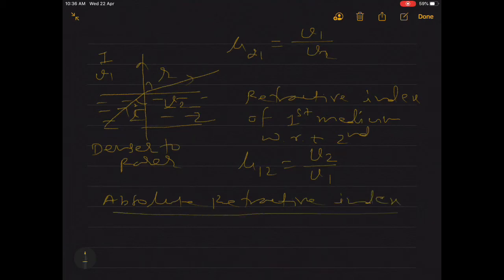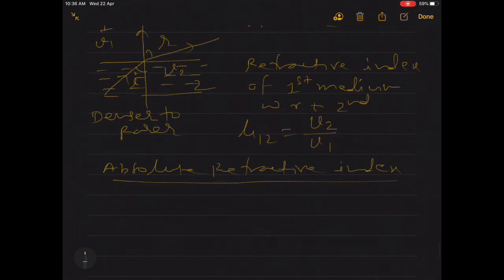Absolute refractive index is the refractive index of any material medium with respect to vacuum. Refractive index of any optical medium with respect to vacuum.